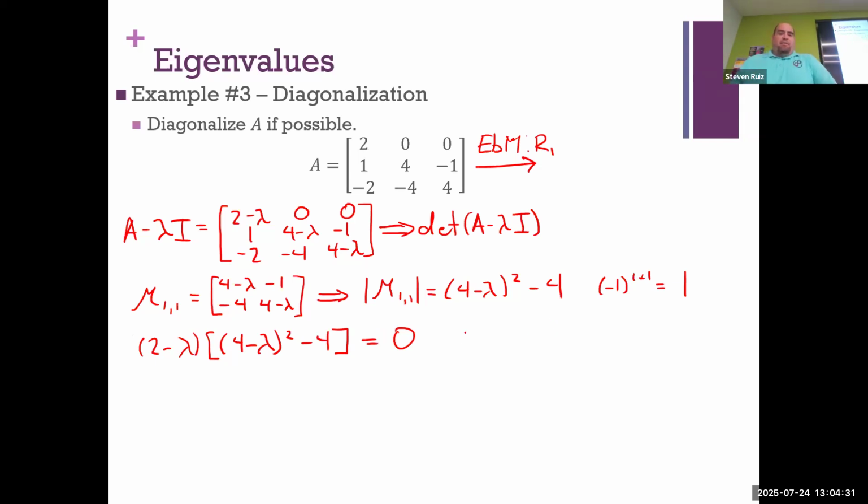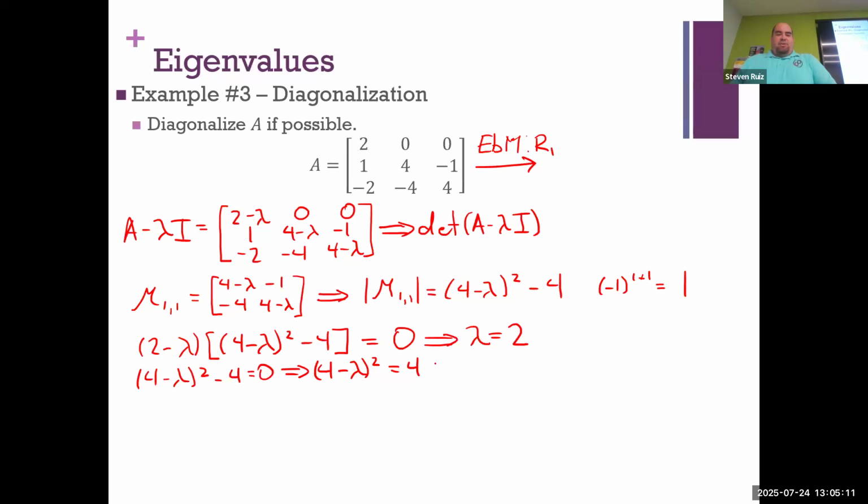So what are my eigenvalues? One of them is 2. I have 2 minus lambda equals 0, so lambda equals 2. The other one is going to come from (4 minus lambda) squared minus 4 equals 0. So (4 minus lambda) squared equals 4. We've got some options here.